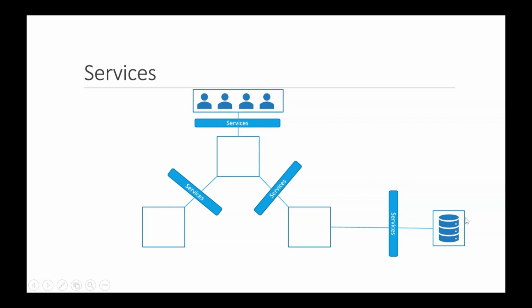After this, we have a database, and these pods, the backend pods you can see, or any other pod, can communicate with the database with the external service. So here we are creating an external service, and at two places we are creating a cluster IP service, and at the top where users are accessing our application, we can create either a load balancer service, node port service, or the ingress service.